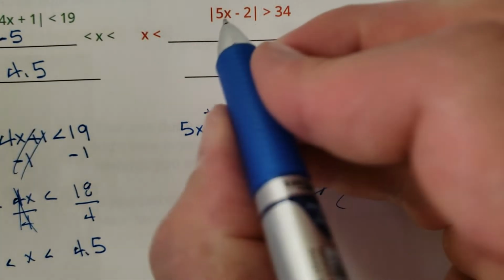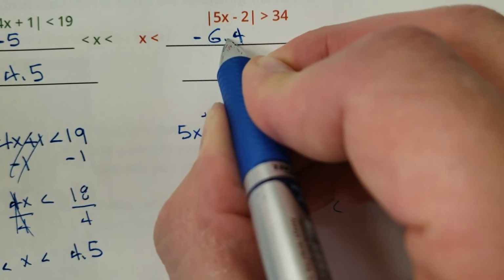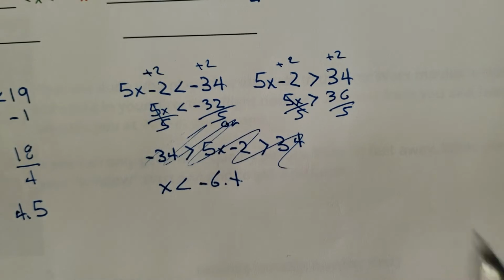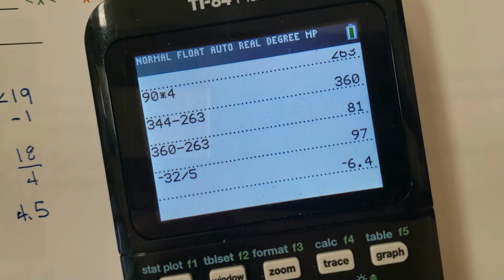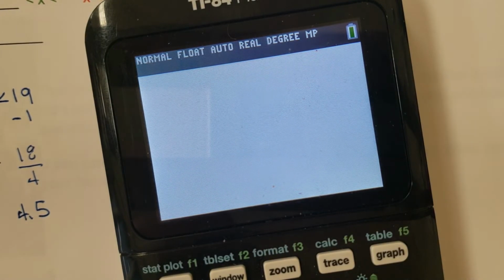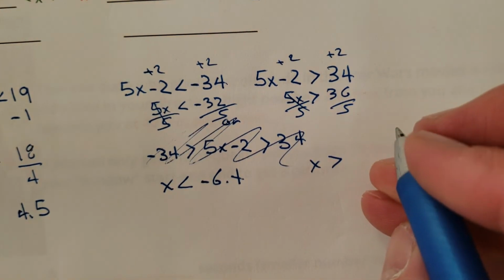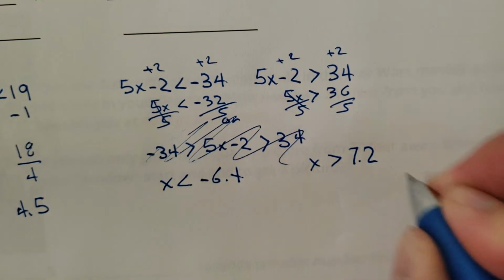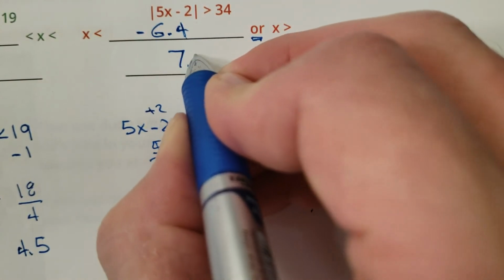X is less than a negative 6.4. All right. And then my other one is going to be x is greater than 36 divided by 5. I think that's like 7.2. Yep, good job, mental math. Wow, coffee hasn't even kicked in, and my mental math is not that shabby. X has got to be greater than 7.2.